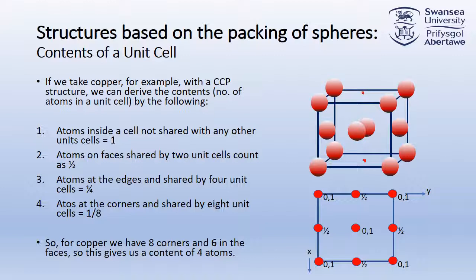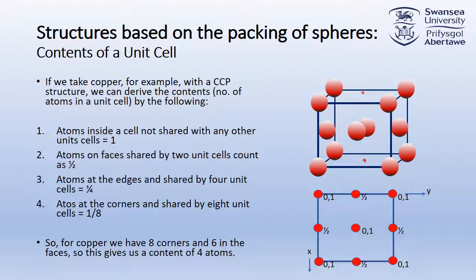Anyhow, so the atoms inside our cell not shared with any other unit cells equals 1. We don't have 1 sat in the middle. Okay, so atoms on faces shared by 2 unit cells count as half. We have 6, now that I've added these in as well, 6 that actually sit on those faces, counting as a half.